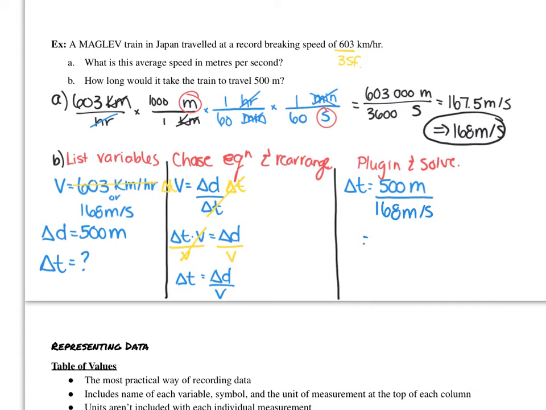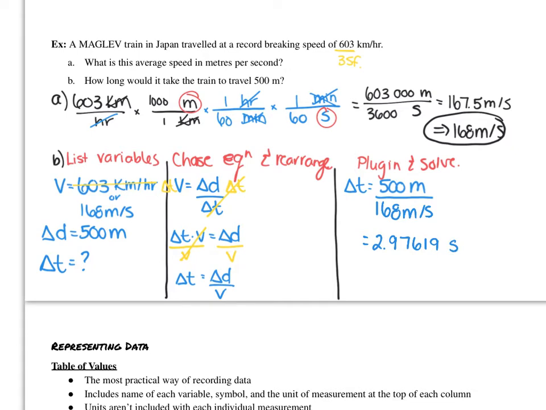So, using my calculator, 500 divided by 168 meters per second, I get 2.97619, and the unit for this time is seconds in this case.